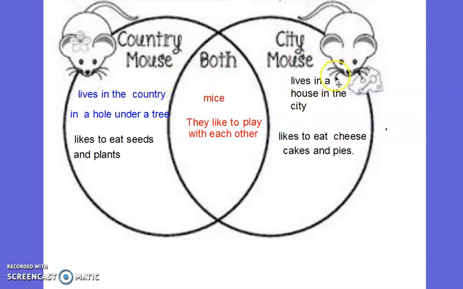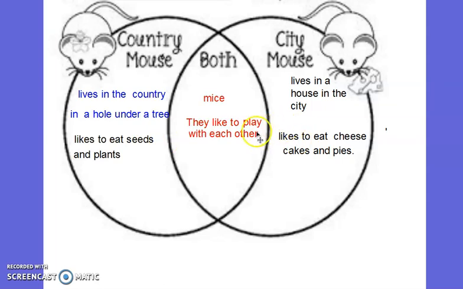So they are different. Now, does the country mouse like to eat the same as the city mouse? No, everyone likes to eat a kind of food. The country mouse likes to eat seeds and plants, while the city mouse likes to eat cheese, cakes, and pies.